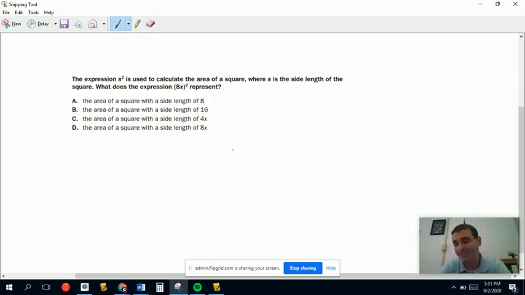So it is considered to be part of this standard because you're interpreting parts of a polynomial. Well, 8x, if you'll notice, takes the place of s. So if you're familiar with the square at all, s, of course, is the side length. So therefore, the correct answer would be D. There's not a lot to say here, other than you just have to pay close attention to the variable.